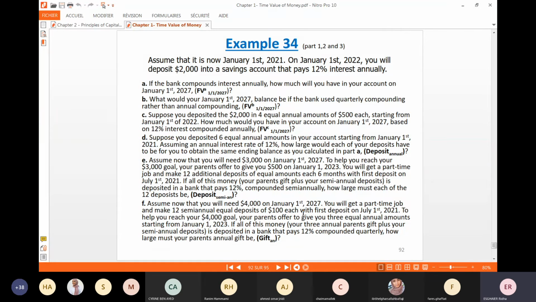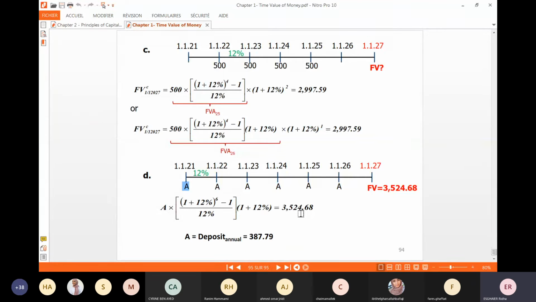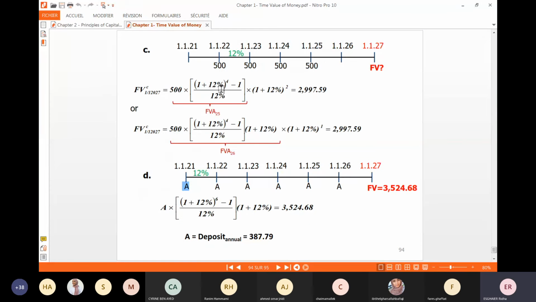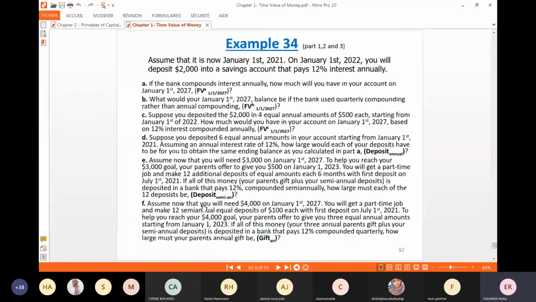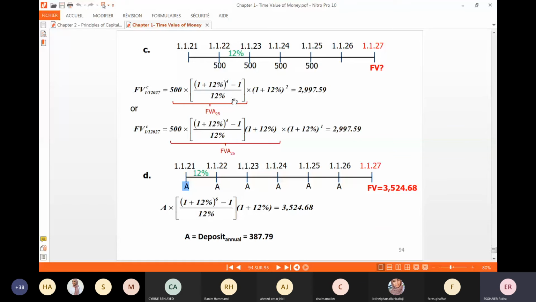From July 1st, the first deposit. July 1st, 2021. It means 6 months from now. One semester from now, you will put this first deposit, and you have 12 deposits.